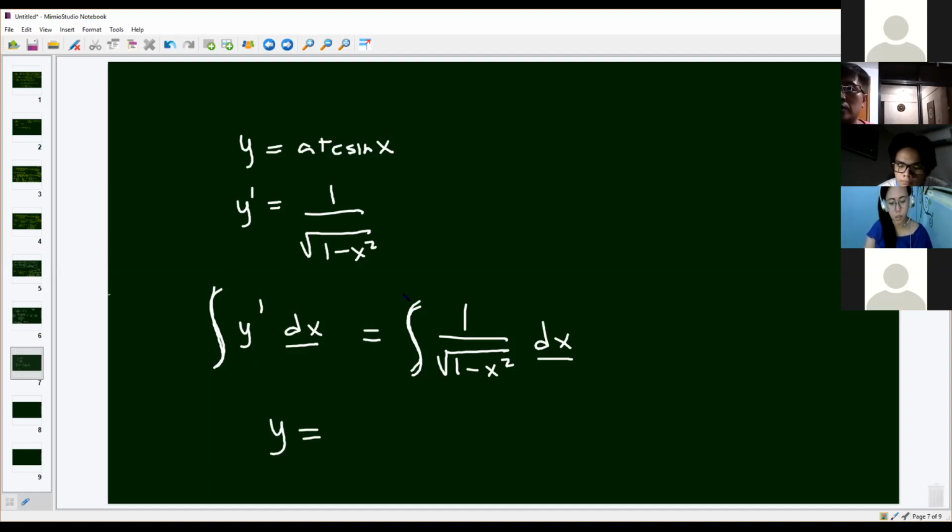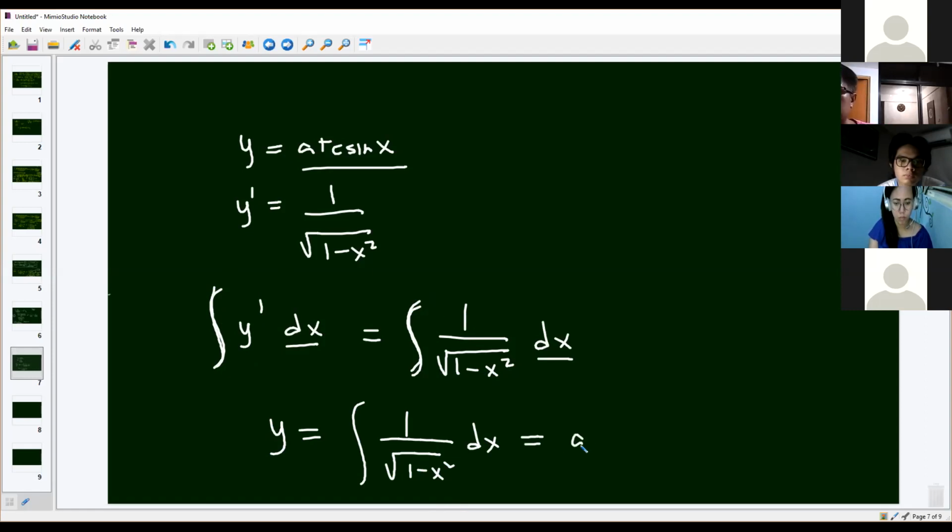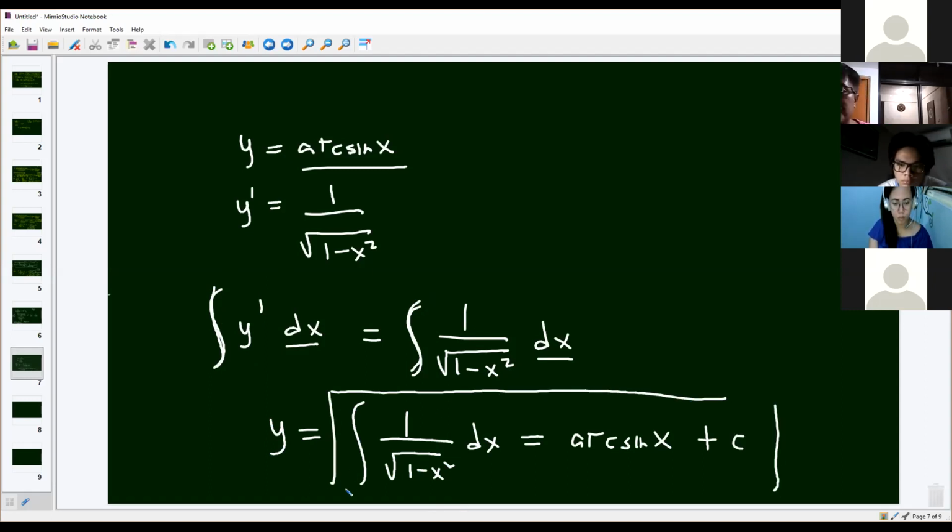How about the integral of 1 over square root of 1 minus x squared? Equal to y, of course, so they are the same. This is y. And what was y again? That one. So equal to arc sine x plus c. So this is the integrable form coming out from this.